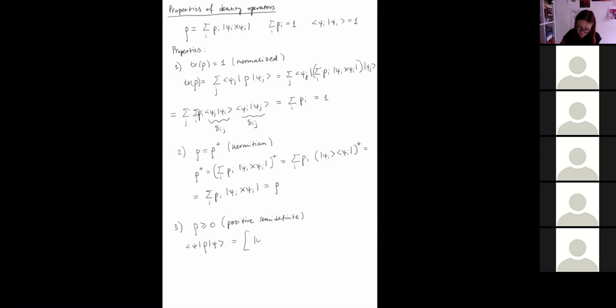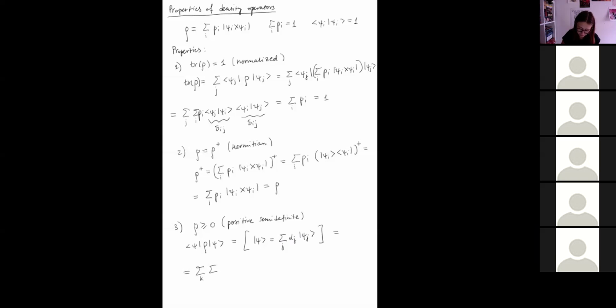Here we suppose that we can decompose psi in terms of the basis of psi_i's in the following way: the sum over i of alpha_i |psi_i>. Now, instead of the psi bra and psi ket, we substitute the corresponding expressions in terms of the decomposition into psi_i's.